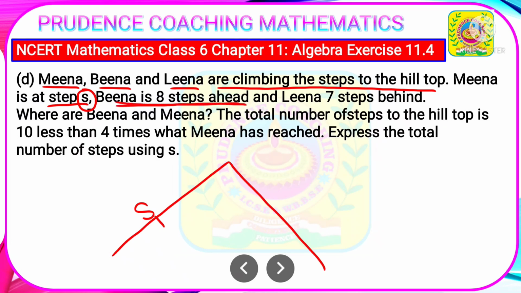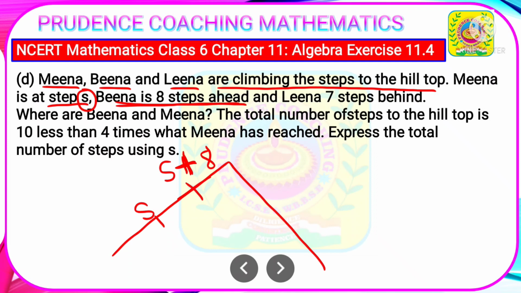Means Bina is this side somewhere, and that is 8 steps ahead of Meena. That means, for example, if Bina is here, then this step will be S, that is Meena's step plus 8, because Bina is 8 steps ahead. That means Bina travelled 8 steps more than Meena and she is towards the hilltop.